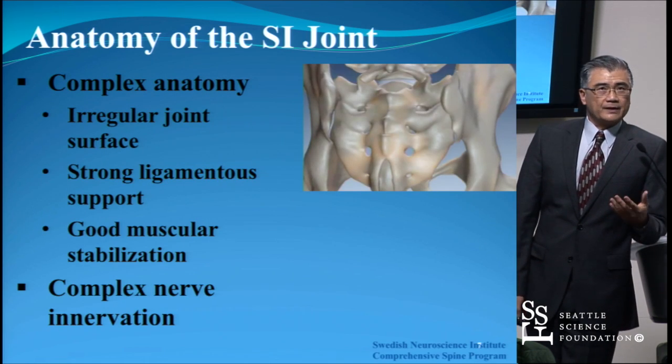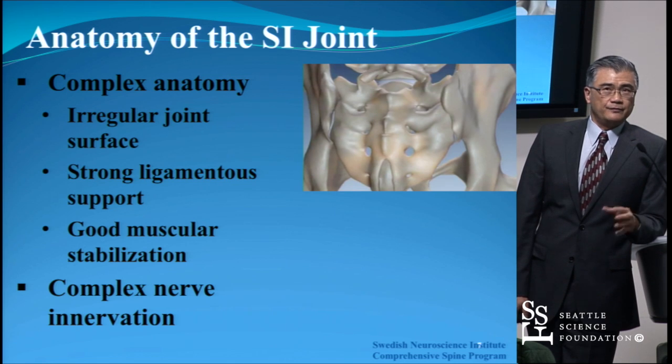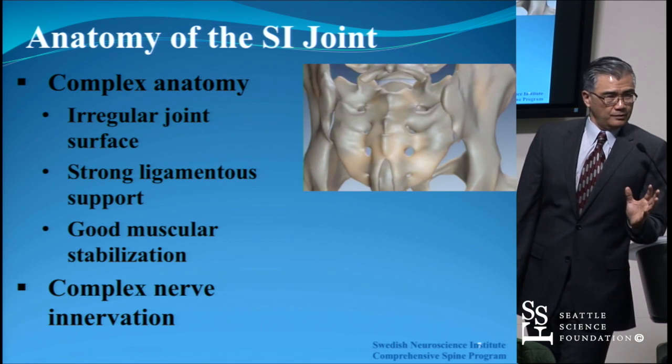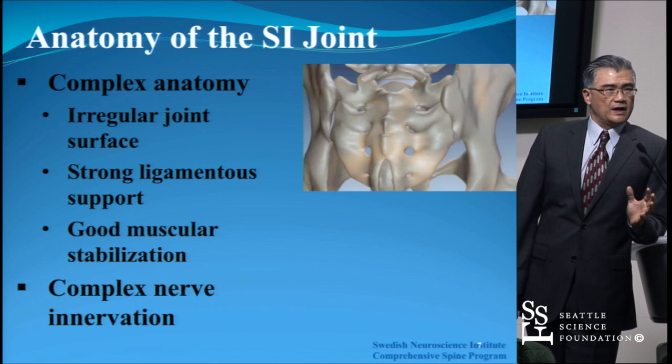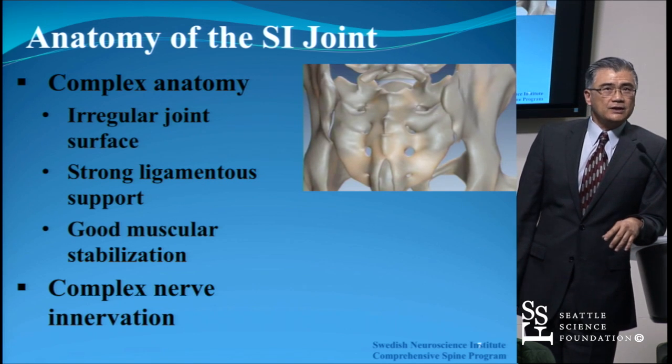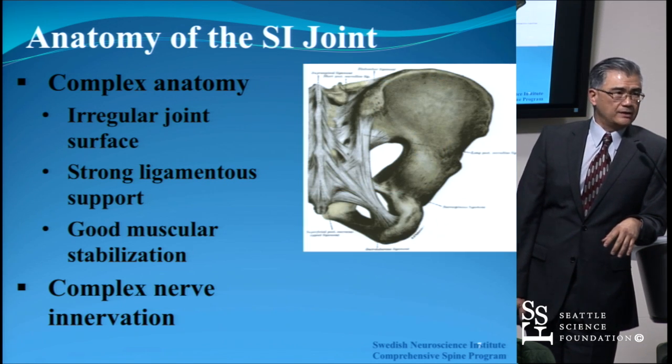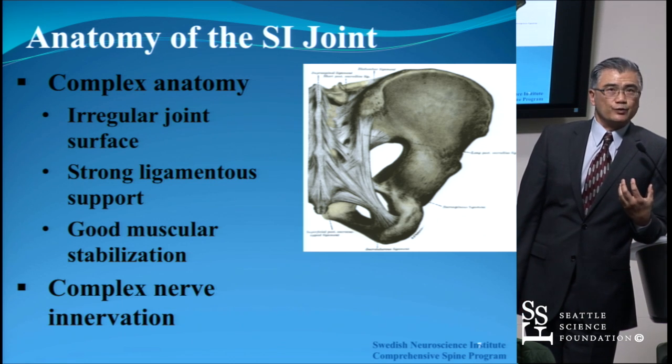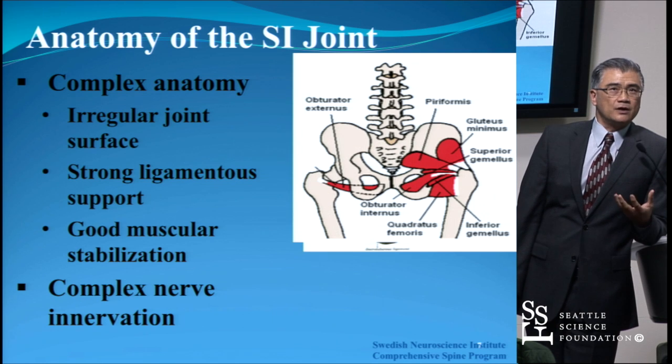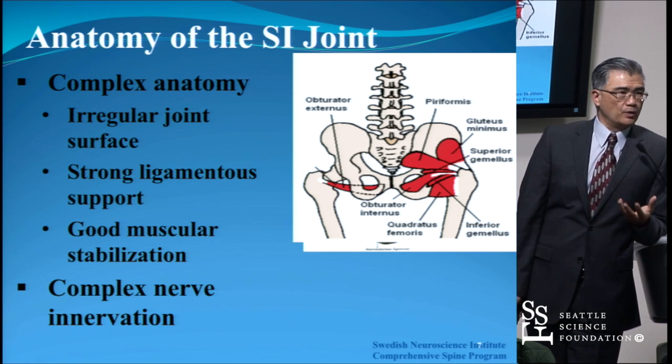But in the anatomy of the SI joint, in order to stabilize it, you need a lot of ligaments to bind the joint together. The ligament support is really important, together with some muscular stabilization.